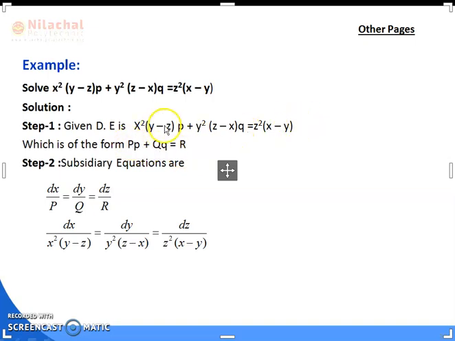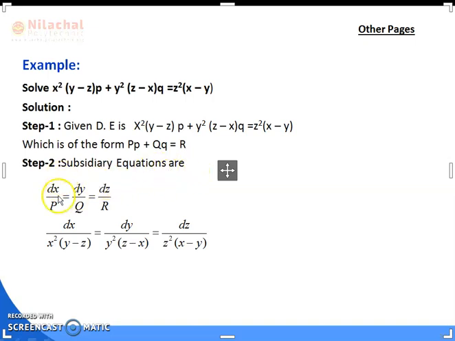Always P will be the coefficient of small p. So here capital P is x square into y minus z, and capital Q, that will be the coefficient of q, capital Q is y square into z minus x, and capital R, that will be present on the right hand side. So R equals z square into x minus y. So now after getting P, Q, R, we have to write the subsidiary equation.